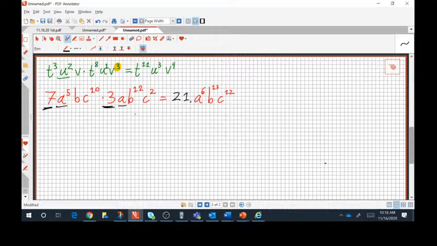Now, 7 plus 3 is 10, but I'm not adding these numbers together. I'm multiplying them. It's just that when I multiply powers with the same base, I add their exponents. Because I'm taking a single b times 12 b's, and that's a total of multiplying 13 b's together.